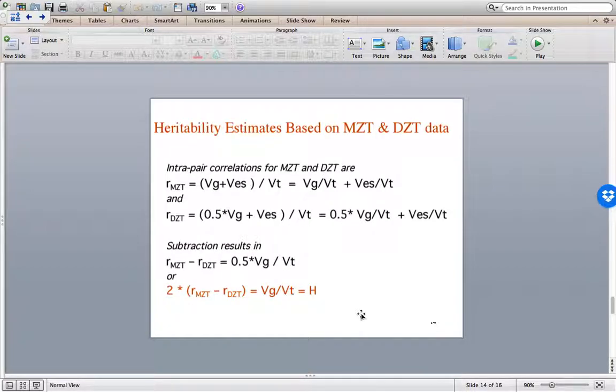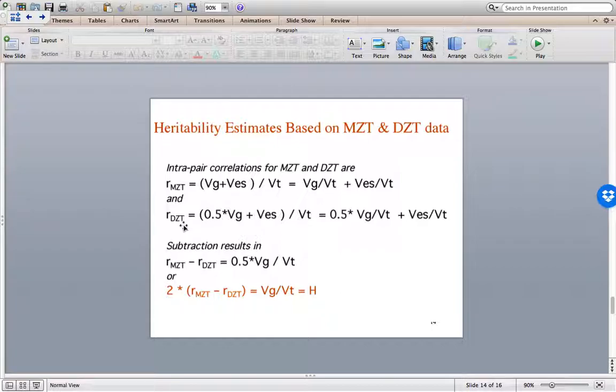Alternatively, a second way of estimating heritability without making the above assumption is to look at both monozygotic and dizygotic twins. The top equation is just the one we went over, the correlation coefficient for monozygotic twins, as described in slide 12. The expression for the correlation coefficient for dizygotic twins is very similar.